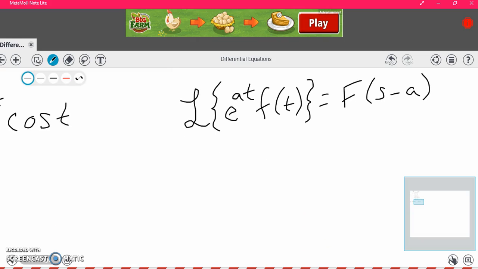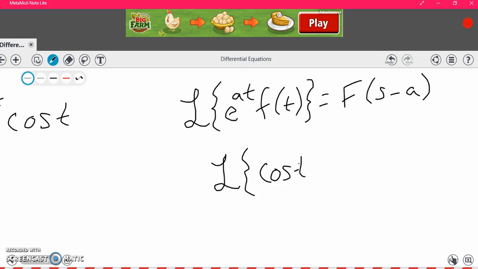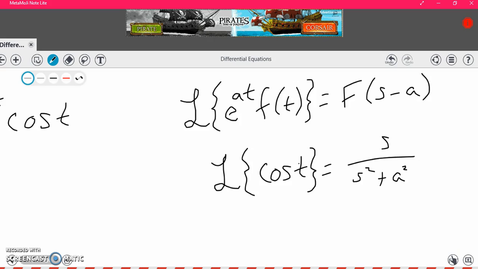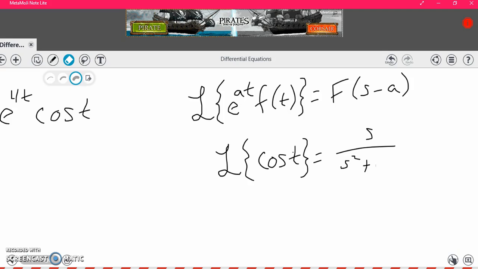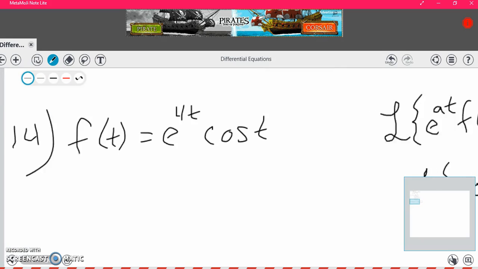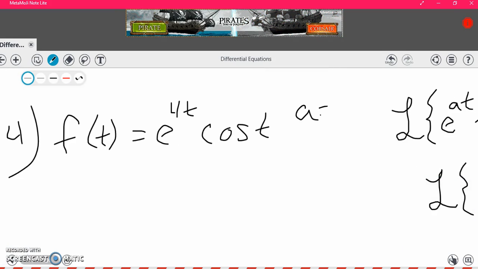If we're looking at just the Laplace transform of cosine t, that is equal to s over s squared plus a squared, where a squared is 1, as we know by looking at this. So we can just erase this and put 1. Now if we look back over here, our a is equal to 4.